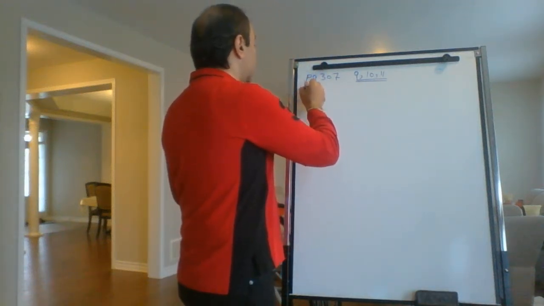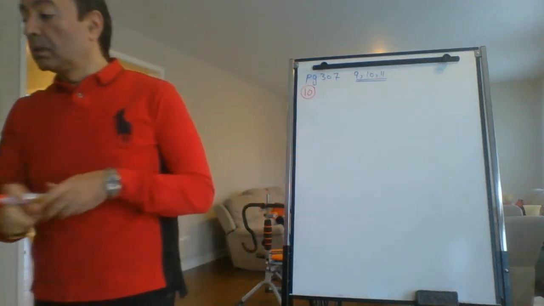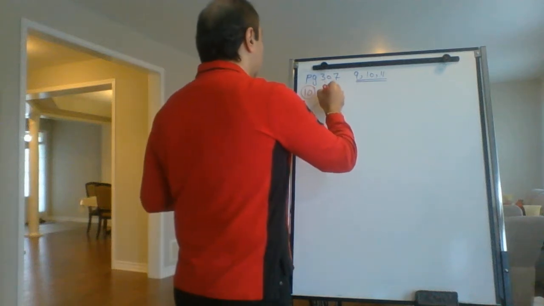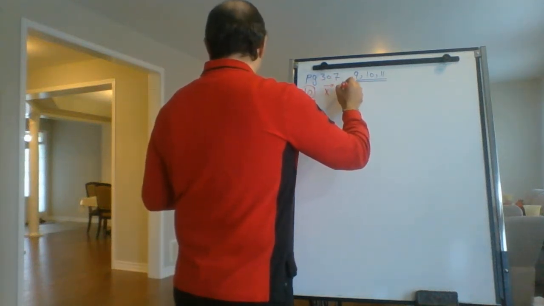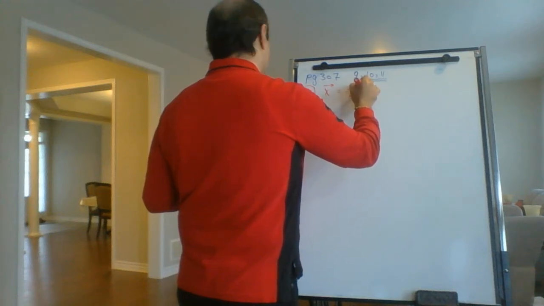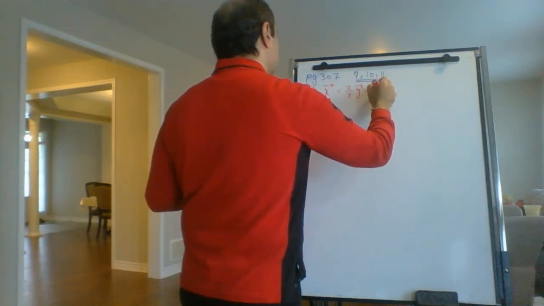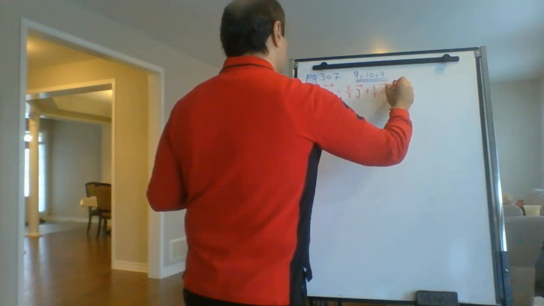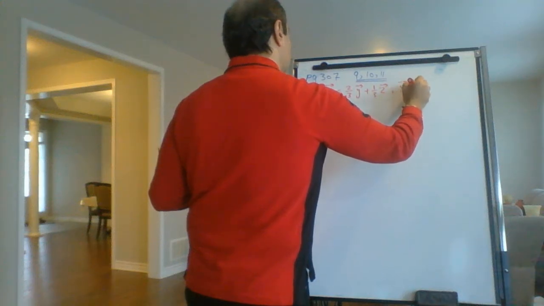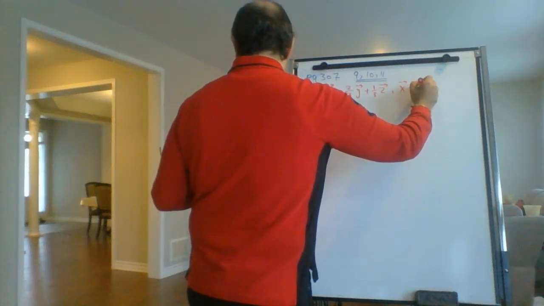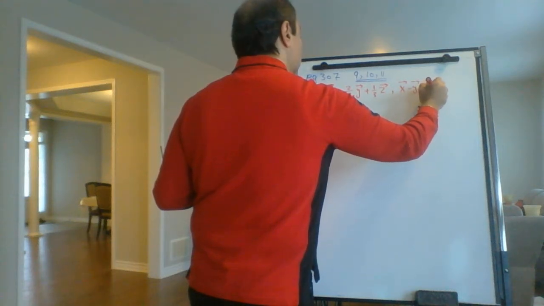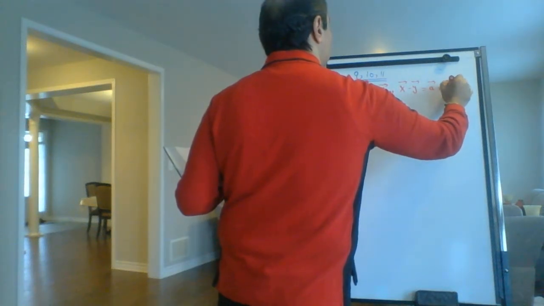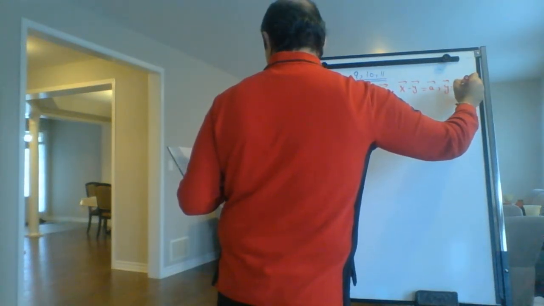Question 10. Vector x equal 2 over 3 vector y plus 1/3 vector z, and vector x minus vector y equal vector a, and vector y minus vector z equal vector b.